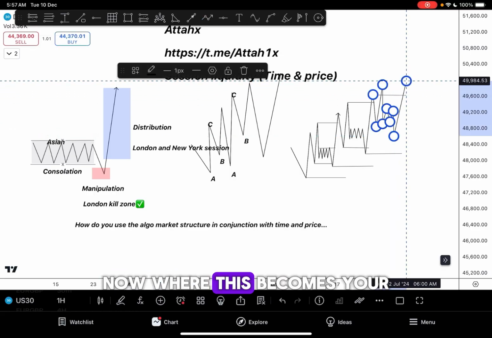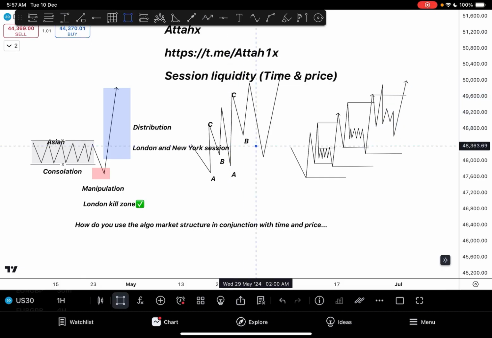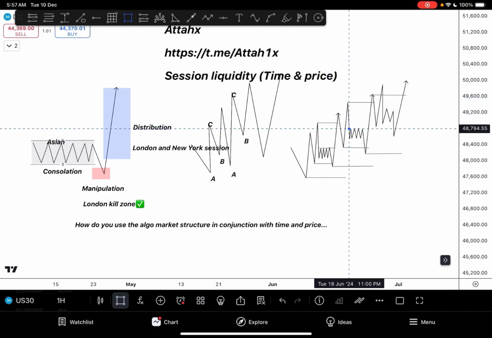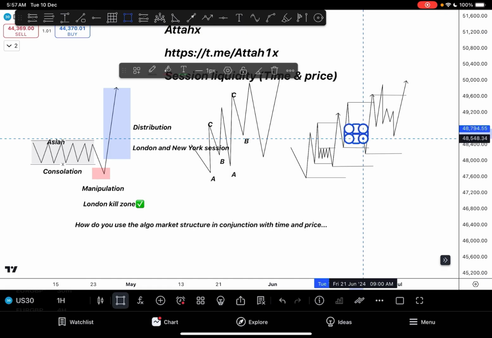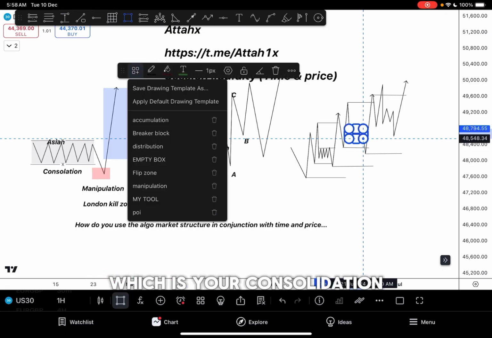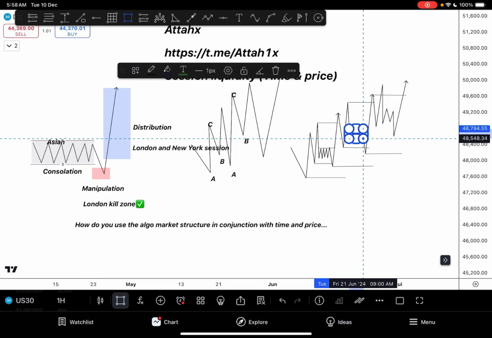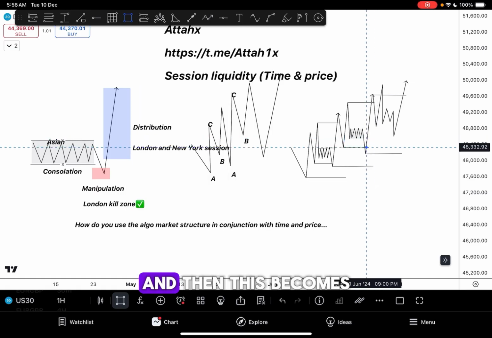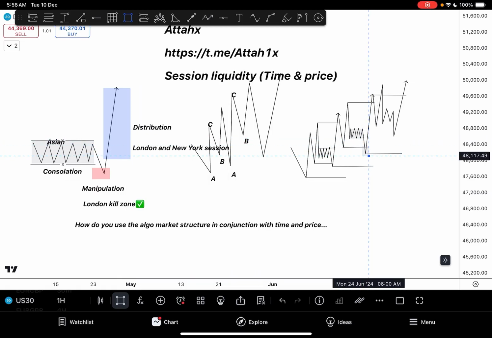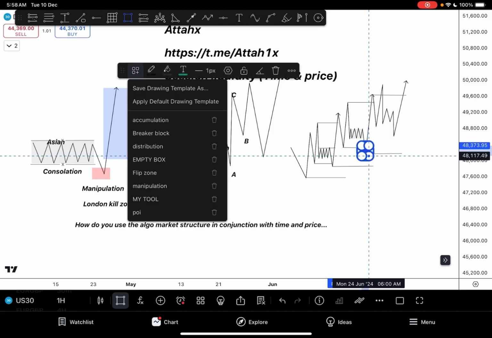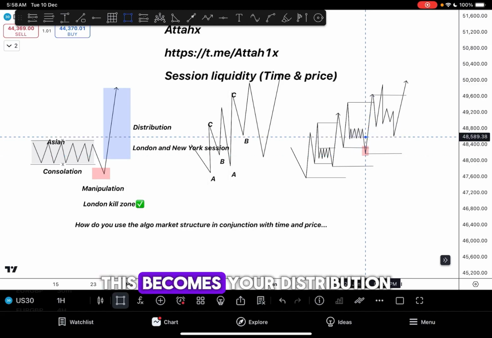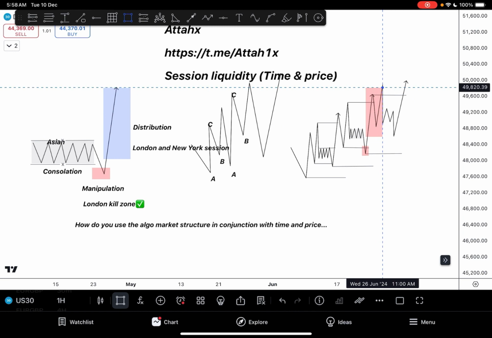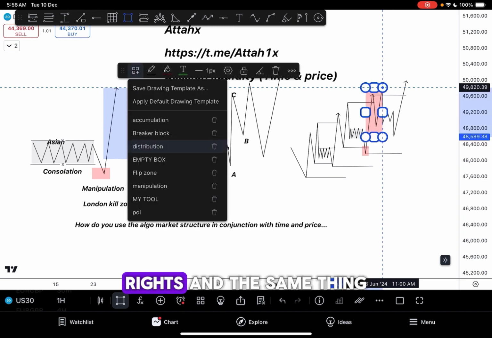Now, where this becomes your Asian session, which is your consolidation, and then this becomes your manipulation, this becomes your distribution, right?